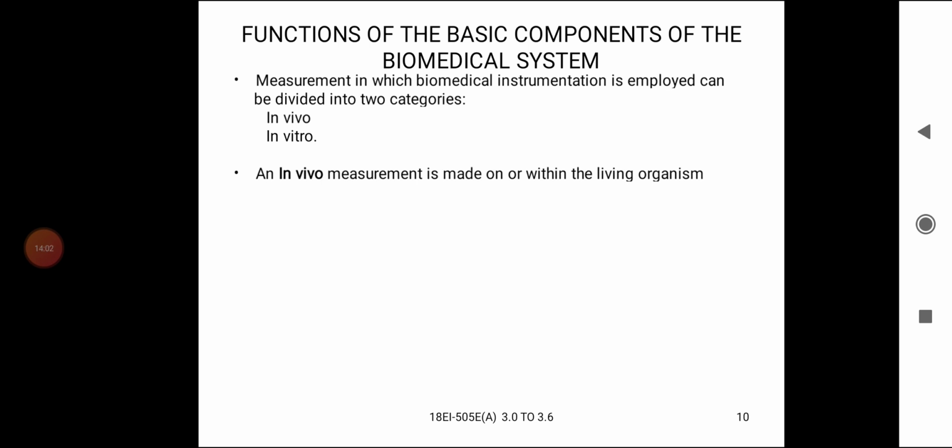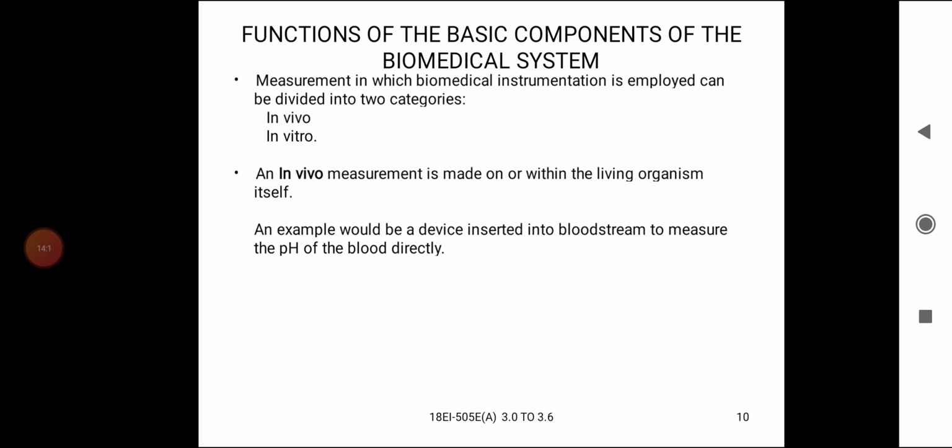In vivo, measurement is made on or within the living organism itself. An example would be a device inserted into the bloodstream to measure the pH of the blood directly. It is an in vivo system.